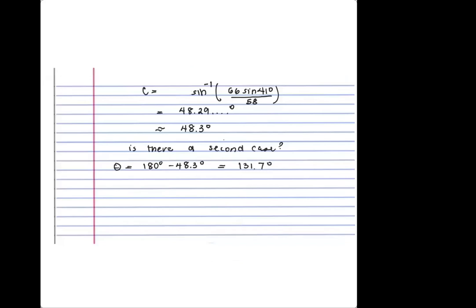So we just want to make sure, will it be possible for us to get a third angle? If we take 131.7 degrees and the 41 degrees that they gave us for B, we want to know if we have a second case.